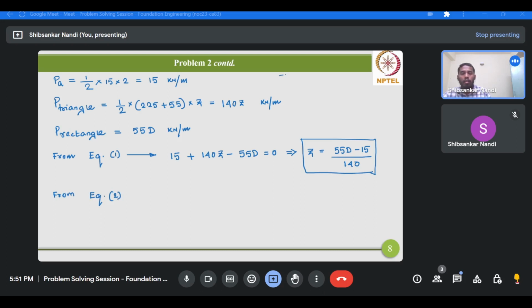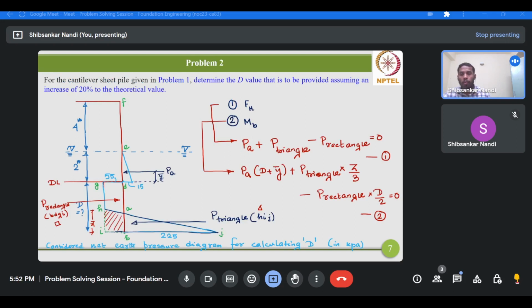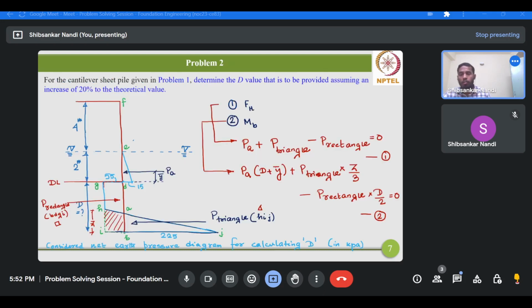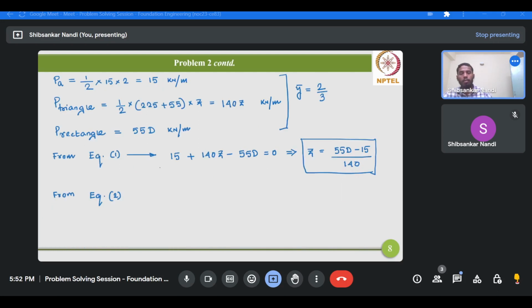now to go for equation 2, we'll first calculate the lever arm Y bar. So Y bar will be simply 2 by 3, because the height of the triangle is 2 and we are measuring this CG from the base of the triangle. So therefore it will be 2 by 3 meter.